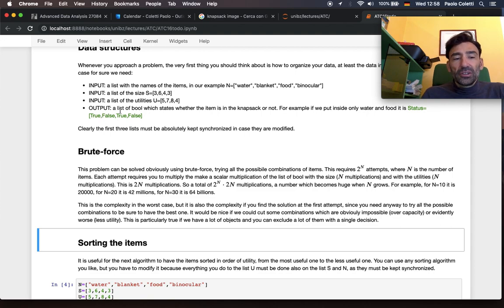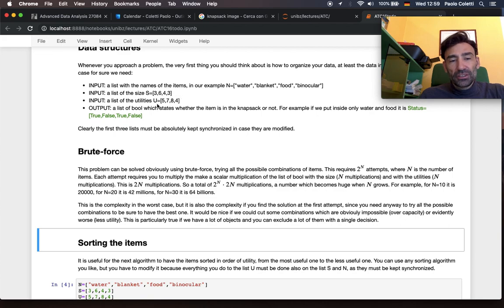Well, in theory you could go through, if it is true, take the size and sum, if it is false, don't take the size, but it's equivalent to multiplying. So you need a multiplication of an integer with a boolean.